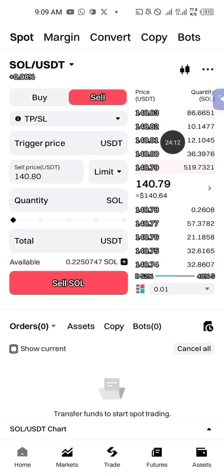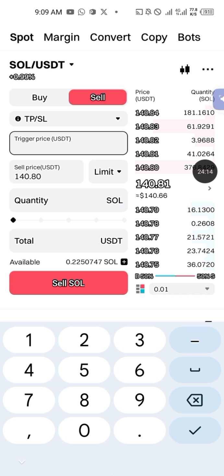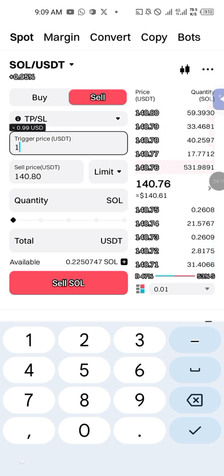So right here, I'm going to set that if this Solana price goes to maybe 150 USDT, let the bot sell it for me automatically without me coming to sell by myself, right? So right now you can see that the market is around 140 USDT.